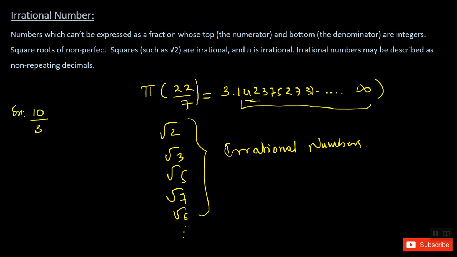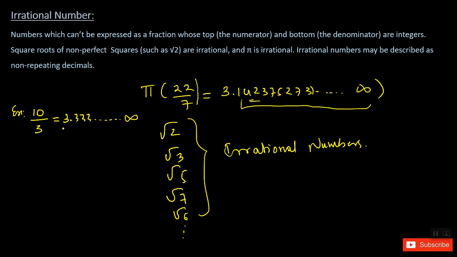10 divided by 3. This is what I am representing. In the decimal representation we say it's 3.333333 something. Now look here, after the decimal point, a fixed digit, that is the digit 3, is repeating, or we can also say recurring, till infinity.